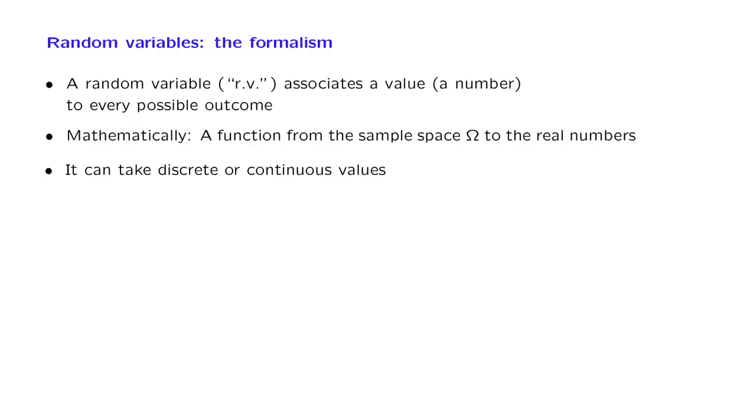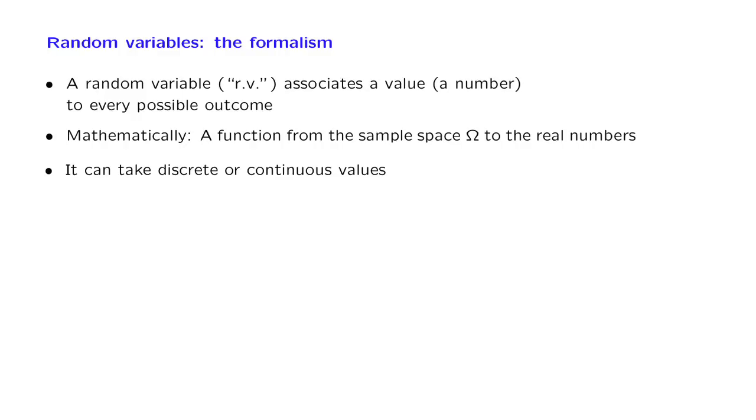For example, if your random variable is the number of heads in 10 consecutive coin tosses, this is a discrete random variable that takes values in the set from 0 to 10. If your random variable is a measurement of the time at which something happened, and if your timer has infinite accuracy, then the timer reports a real number and we would have a continuous random variable.